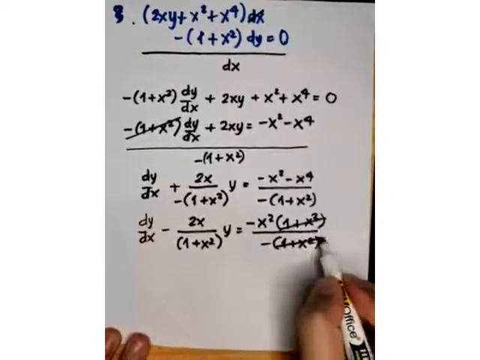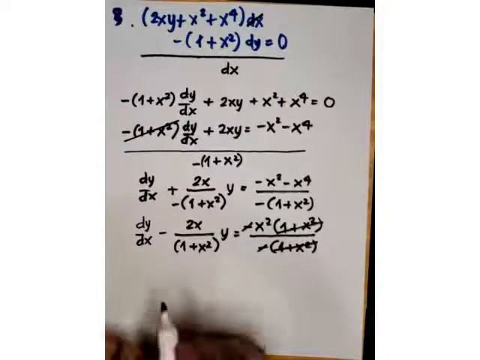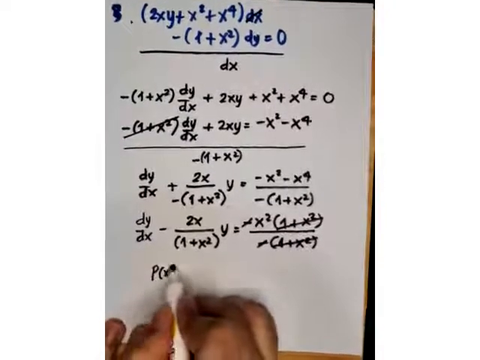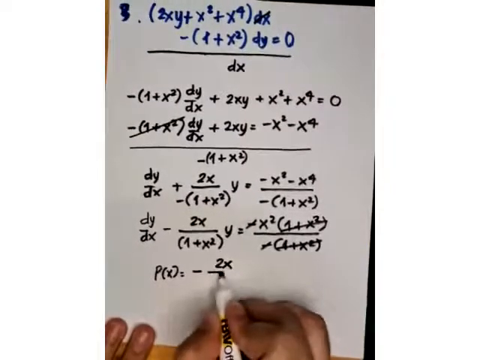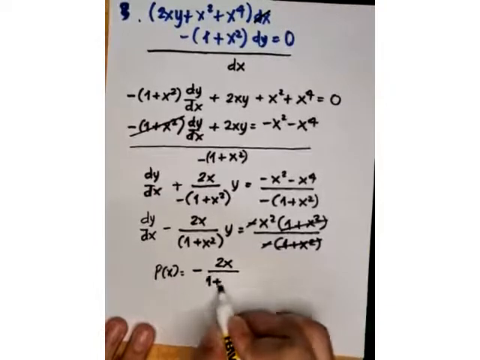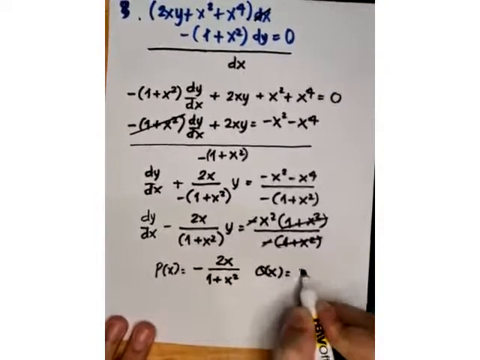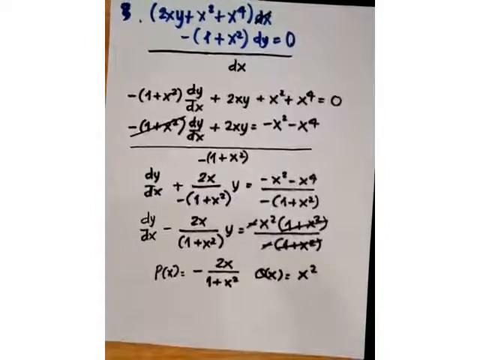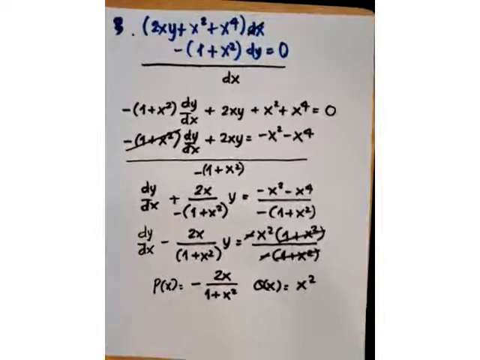So we can cancel that and then we can cancel this. Ayan. So ano ating p of x? Okay, p of x is negative 2x over 1 plus x squared. And then yung q of x natin ay simply x squared. Okay, can you follow?